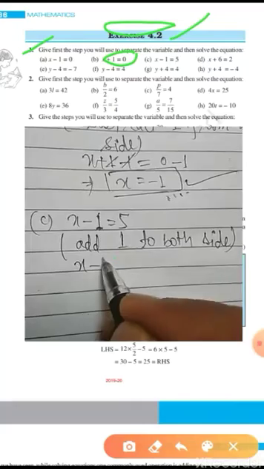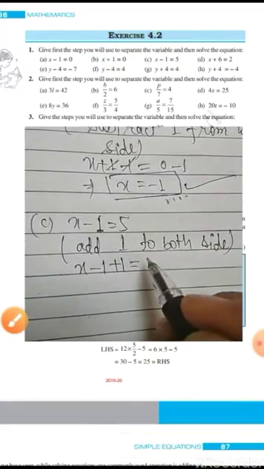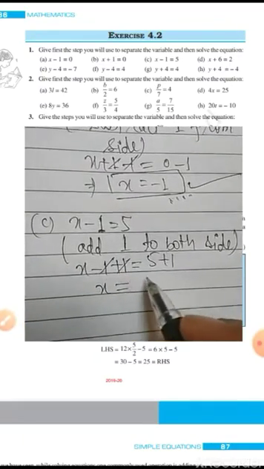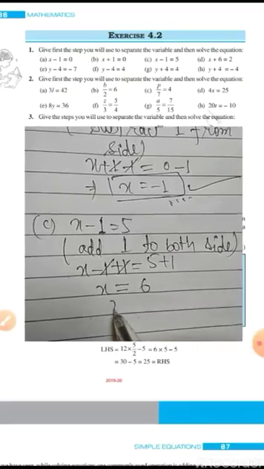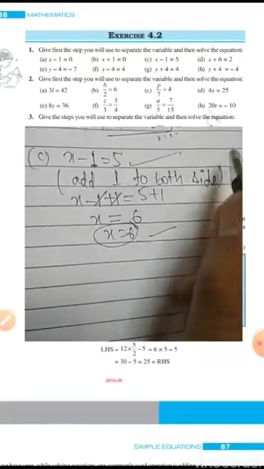We get x minus 1 plus 1 is equal to 5 plus 1. x is equal to, this will cancel. x is equal to what? 6. So x is equal to 6 is the solution of this equation.